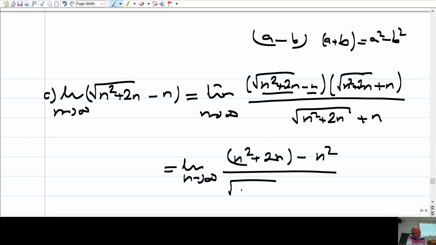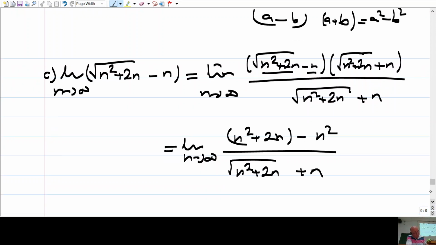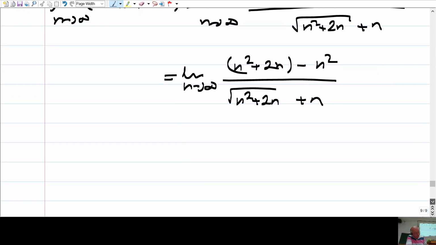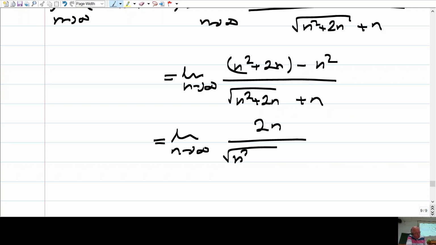And here in the denominator, I have square root of n squared plus 2n plus n. Now the n squares are gone. I have 2n divided by square root of n squared plus 2n plus n.